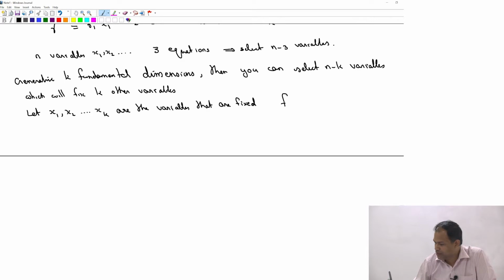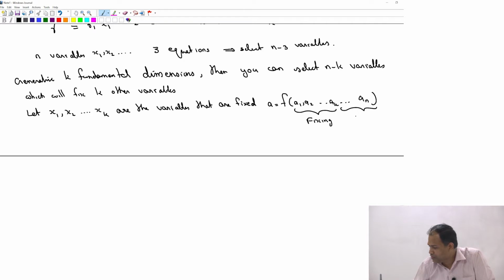Remember, our functional form is a equal to f of a1, a2, etc. up to an. I am still going to be fixing these, and from k plus 1 onwards I am going to be independently choosing.